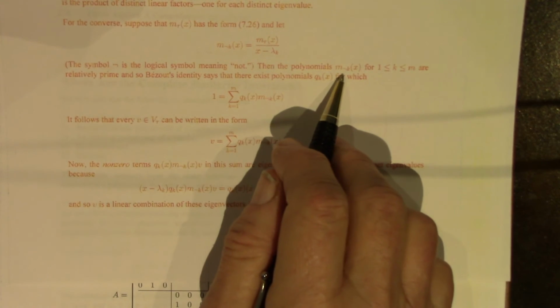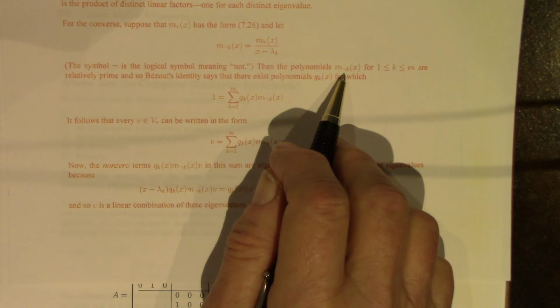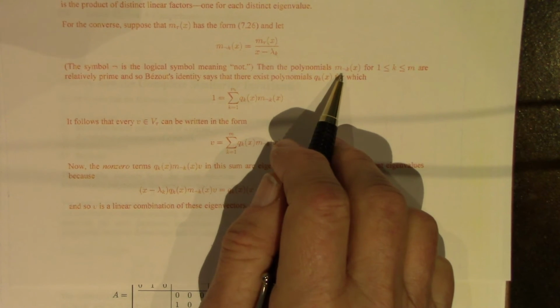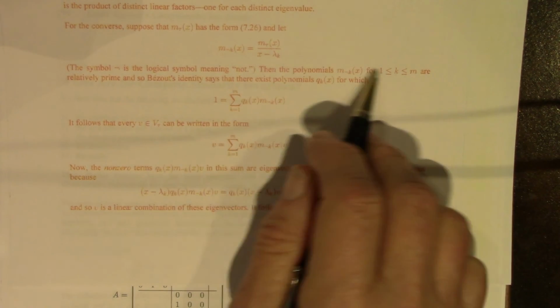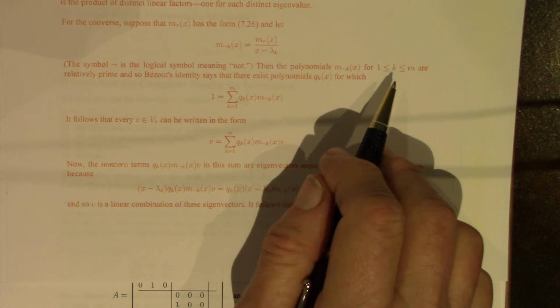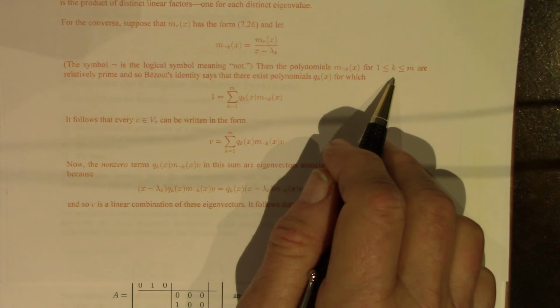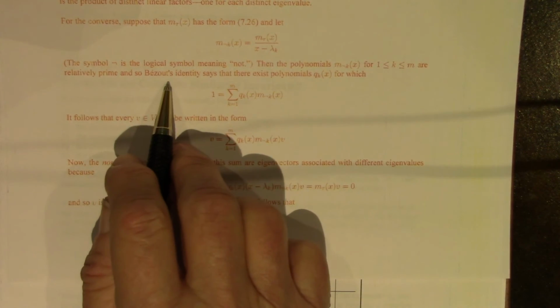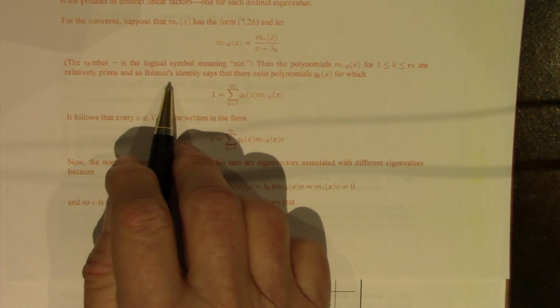These polynomials are relatively prime. They're not pairwise relatively prime, but all those polynomials together, k ranges from 1 to m, if you take them all together, there's no common factor other than constant. So we can apply Bezout's identity.